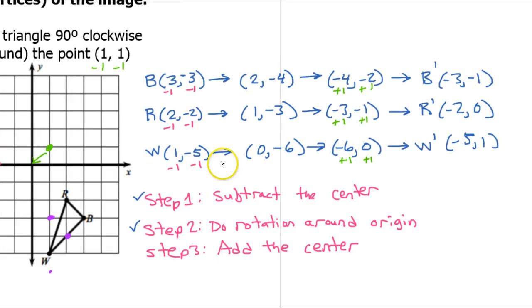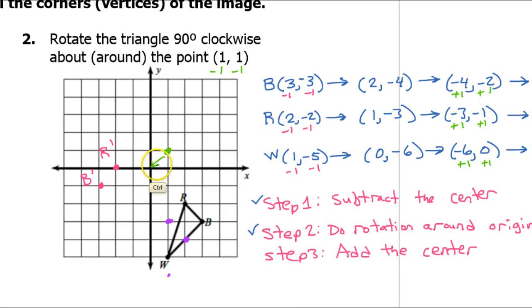And -5, 1 is going to be right here. And that's going to be my W prime. Okay, and then you can just connect them up. And that's how you do it.